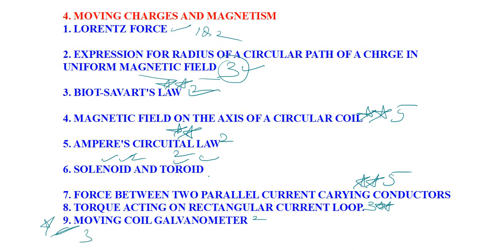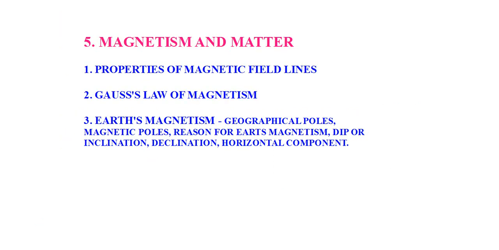Next, let us go to another chapter, magnetism and matter. Please read very few topics from this chapter. Properties of magnetic field lines is enough, and Gauss law of magnetism, just read that. And here I made a list of definitions you need to read from earth's magnetism: geographical poles, magnetic poles, and the reason for earth's magnetism.